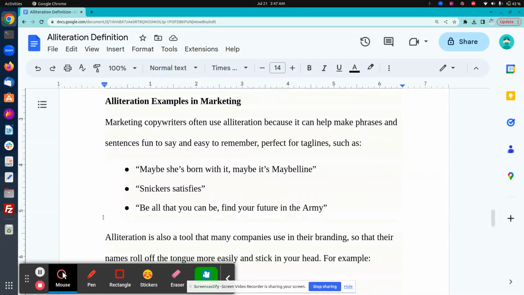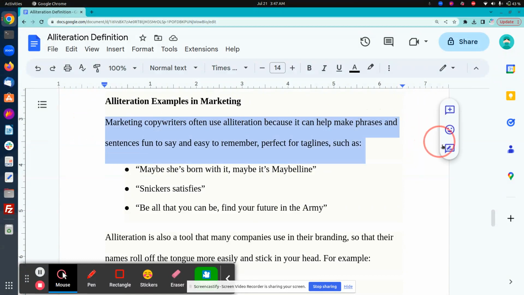Now for marketing or tagline purposes, let's see what's written here. Marketing copywriters often use alliteration because it can help them make phrases and sentences fun to say and easy to remember, perfect for taglines. One of the reasons they use alliteration is that it is very easy to remember.